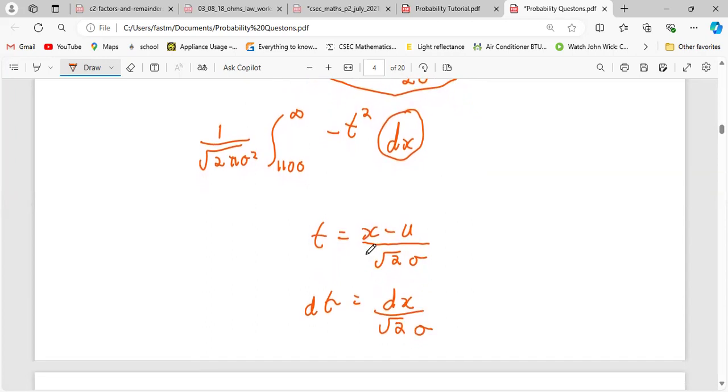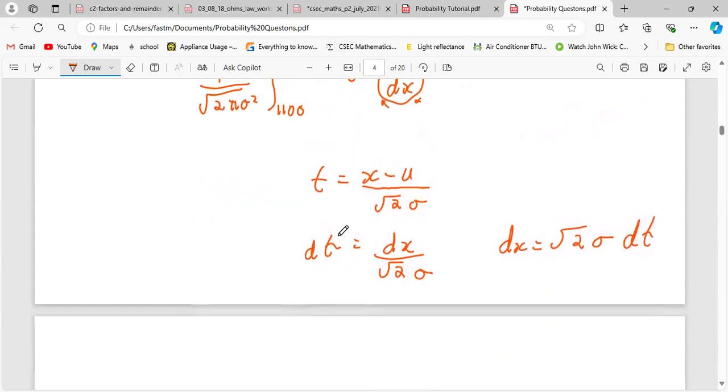Mu is a constant, right? So the derivative of a constant is 0. So you'll just end up with dx on the square root of 2 sigma. And we make dx the subject of the formula, because that's what we want to get rid of. So dx is equal to square root of 2 sigma dt, making sure we keep it outside. So now we can finally make the second change to make it in terms of dt instead of dx.